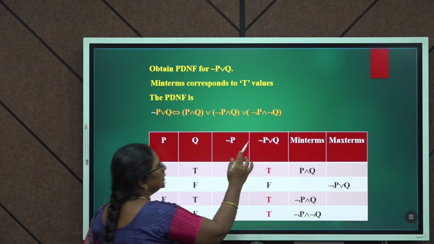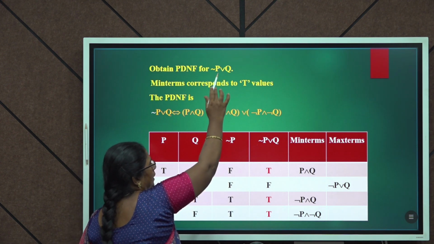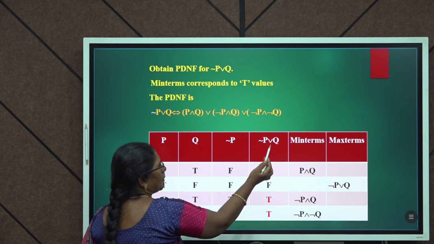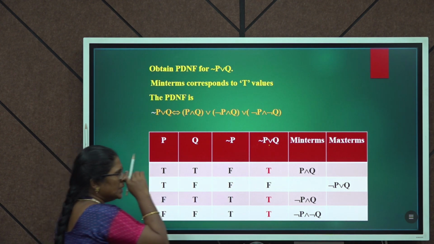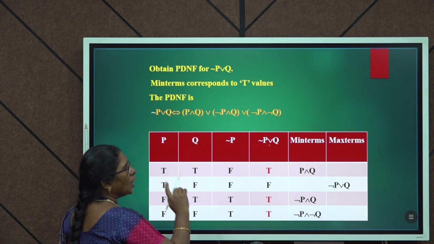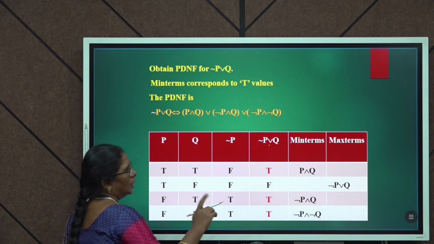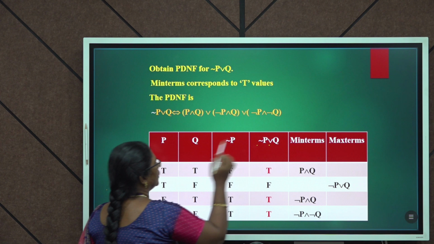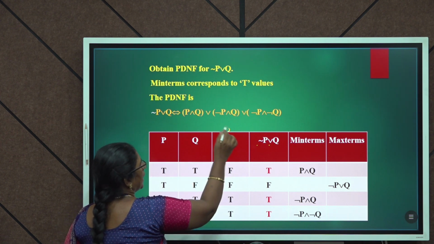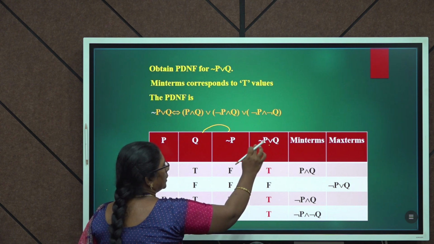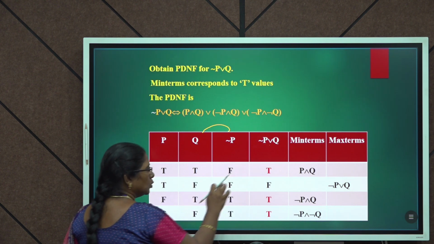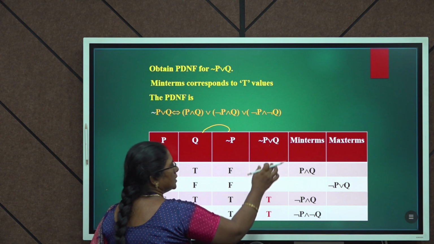Then negation P and Q are connected by the logical operator cup. Cup is nothing but disjunction. Disjunction will be true if one of the truth values is true. So while writing the disjunction of negation P and Q, if one of the truth values is true, then the disjunction will be true.